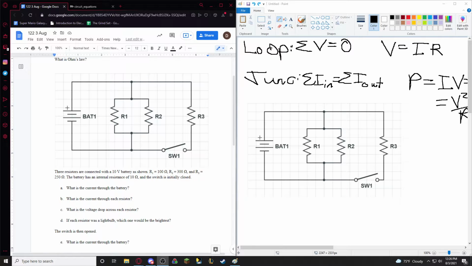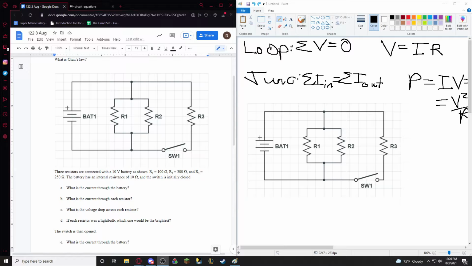So how do we find the current through our battery here? How do we find the total current through the battery?